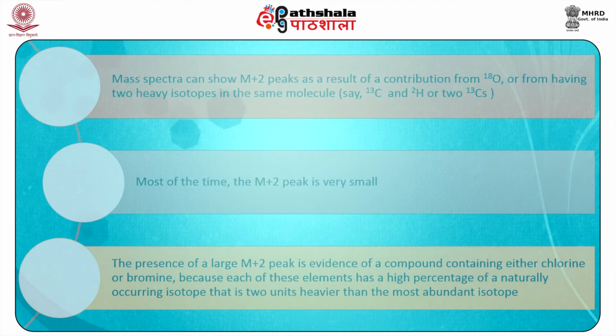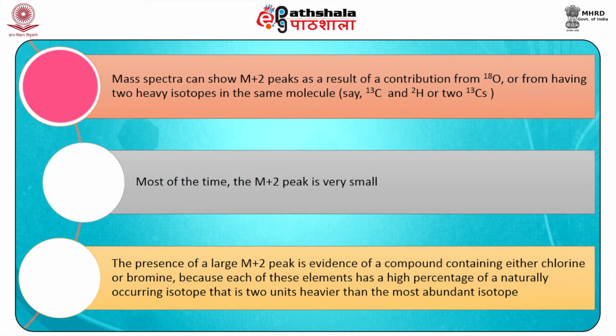Now this formula does not work as well in predicting the number of carbon atoms in a nitrogen-containing compound because the natural abundance of 15 nitrogen is relatively high. Now the mass spectra can show M+2 peaks as a result of the contribution from 18 oxygen or from 2 heavy isotopes in the same molecule, that is 13C and 2H or deuterium, or 2 13Cs.